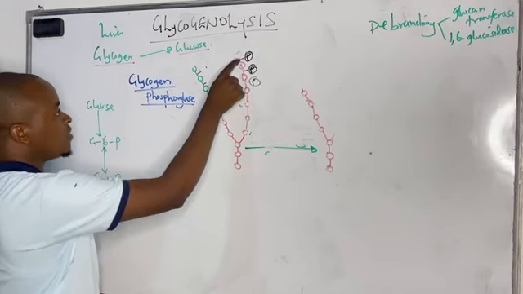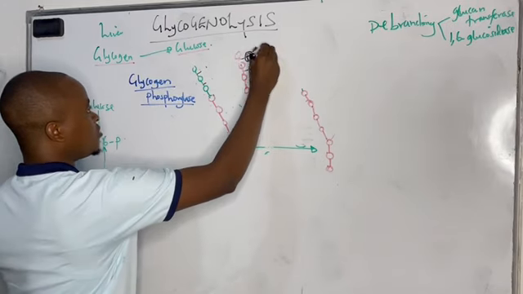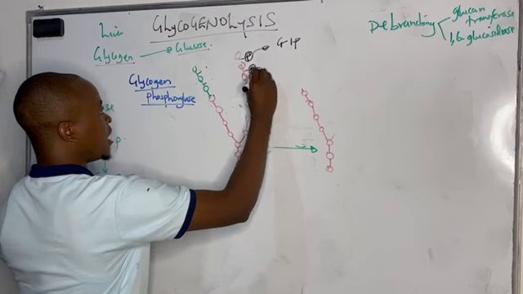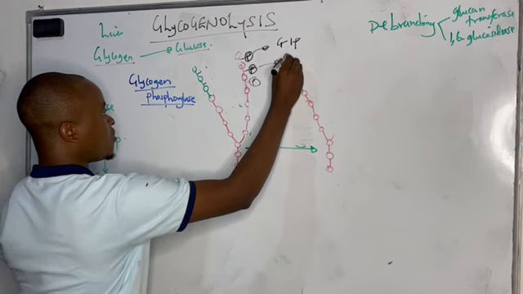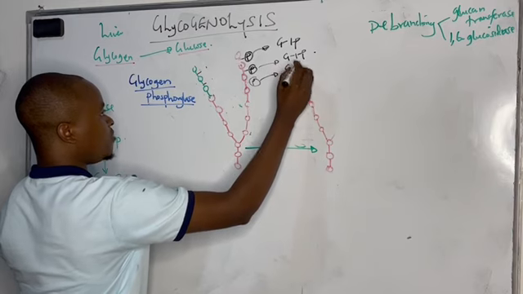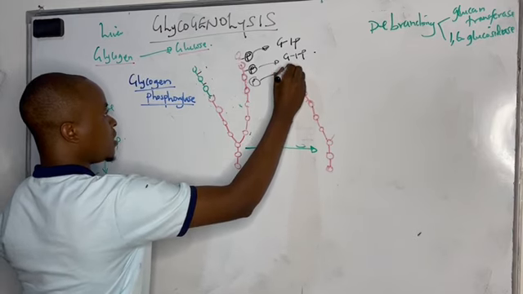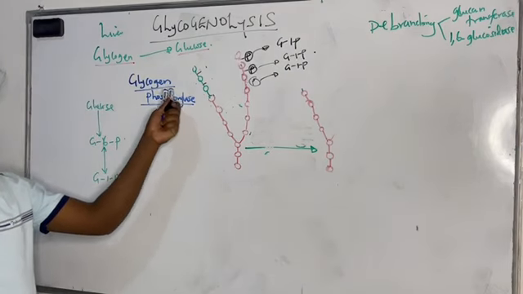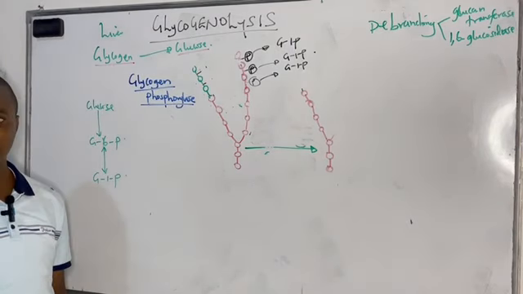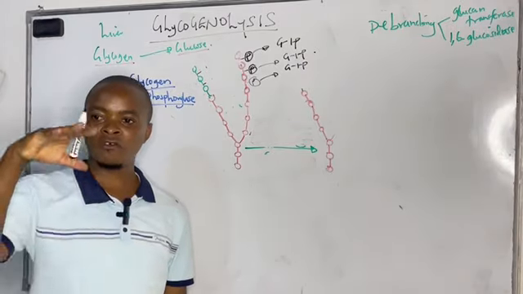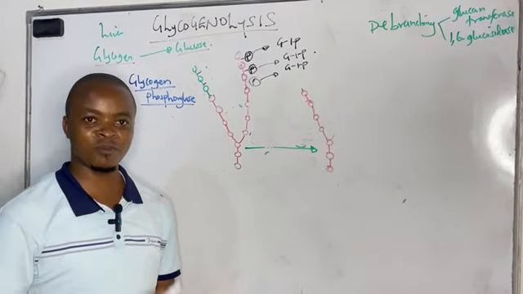Whenever I add a phosphate group here, I cleave it off, I form glucose 1-phosphate. I come here, I cleave it off, I form another glucose 1-phosphate. I come and cleave this one off, I form another glucose 1-phosphate.